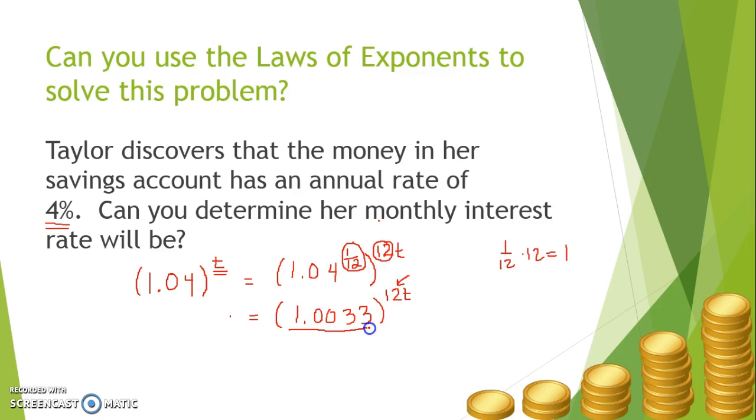So this is how much it increases every month. So if we think about that as an interest rate, we can think about it as 1 plus 0.0033, telling us that this is our monthly interest rate. Taylor's account increases by 0.33% every month.